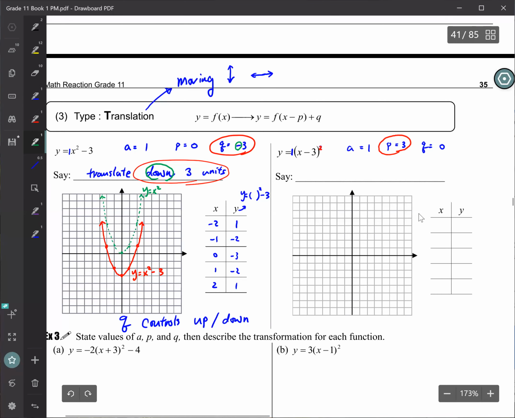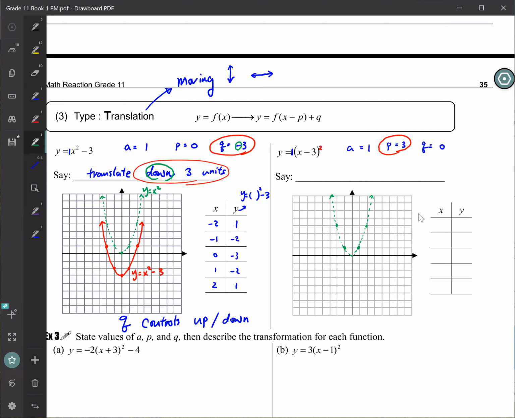Let me draw the original first. Anyone? What will happen to the new graph? If Q controls up and down, right?